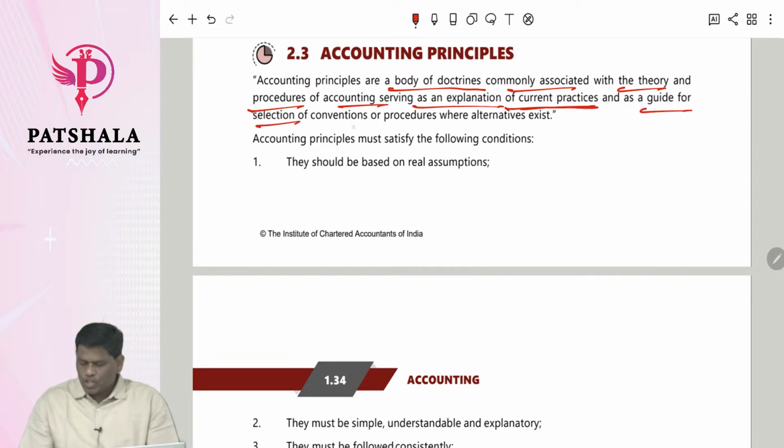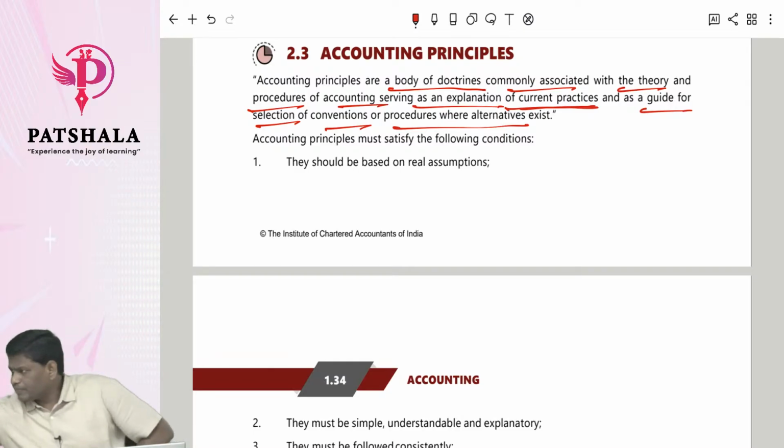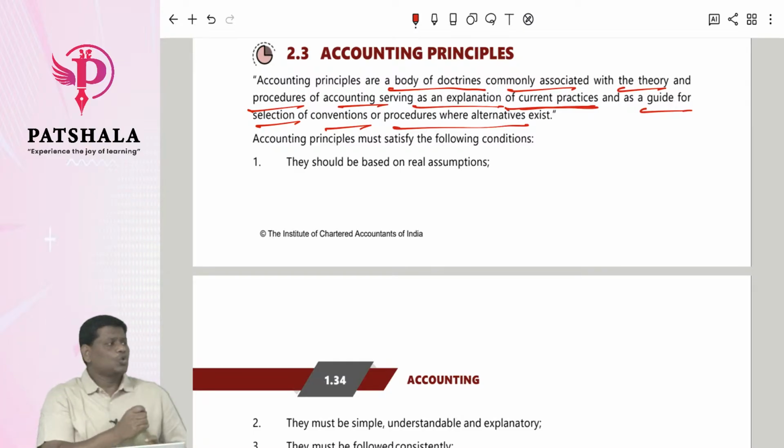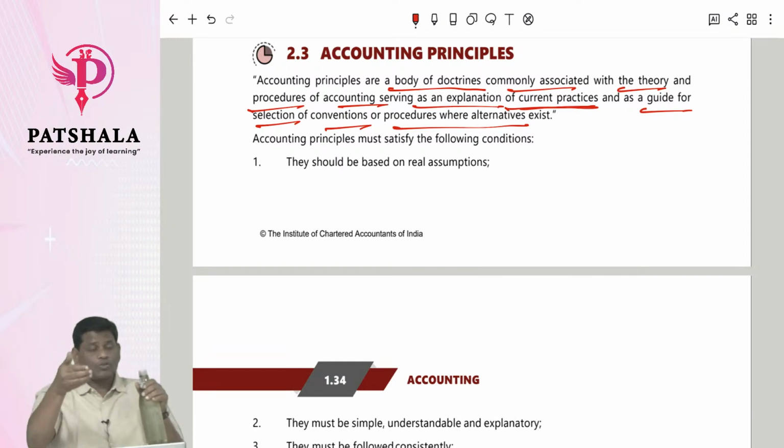They are a guide for selection of conventions and procedures where alternatives exist. That means you have 2-3 alternatives to do something. To do a particular treatment, if you have 2-3 alternatives, what to follow, this will guide you. Say for example, you went to a restaurant and you want to order food.